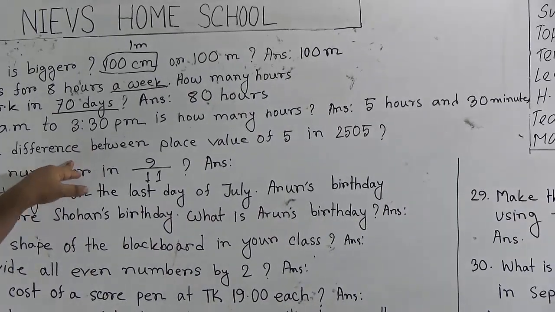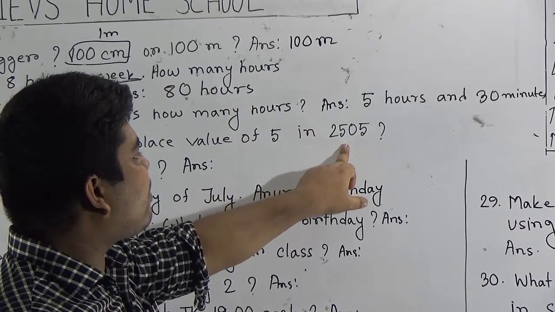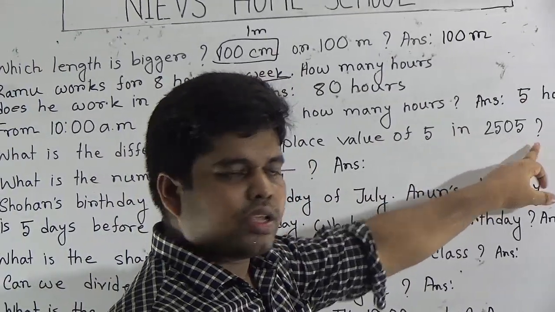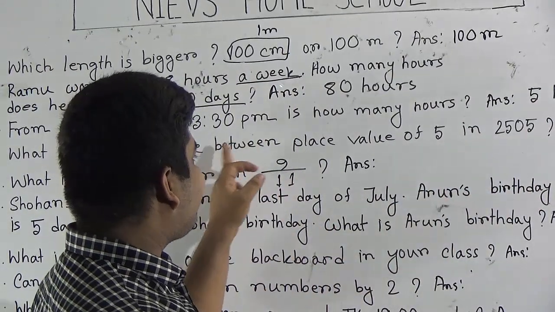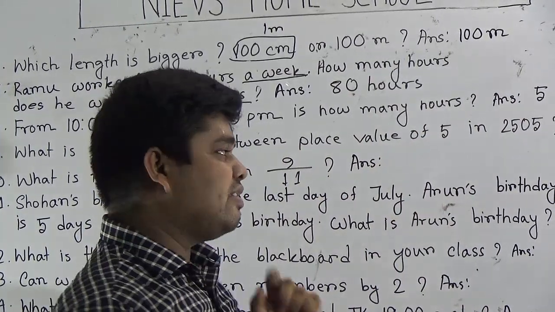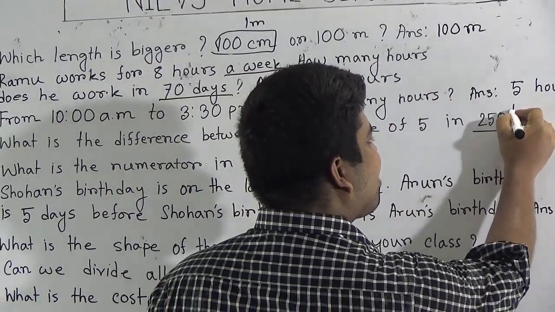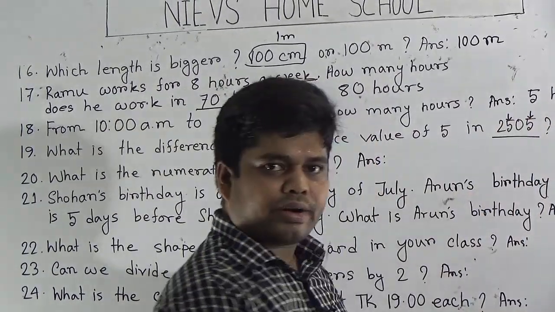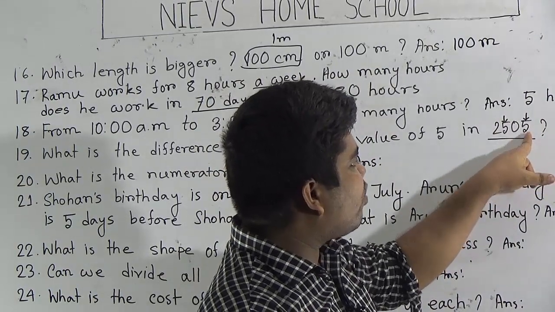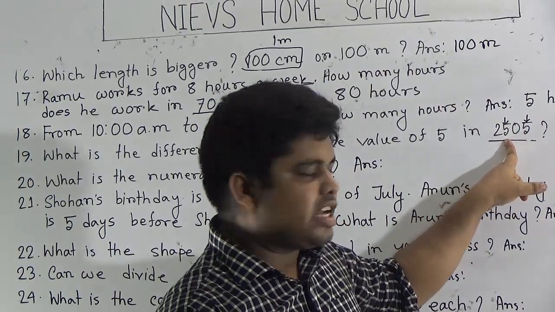What is the difference between the place values of 5 in 2505? My dear students, difference between the place values of 5. What type of question is this? This is an interesting question. Here you notice that there are two 5s in this number. One 5 is in the ones place and another 5 is in the hundreds place.